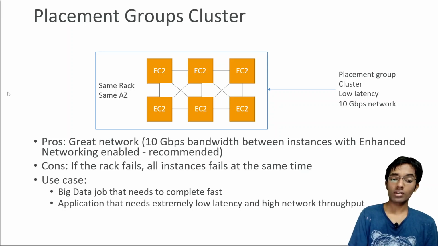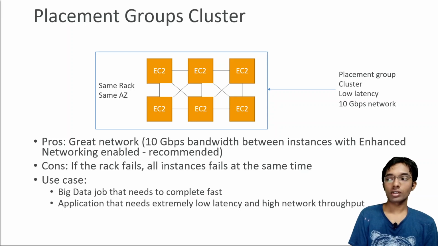When we have such a cluster placement group, it's great to choose an instance type that has enhanced networking, because they will have faster networking capability between each other. So the use case for a cluster placement group would be a big data job.